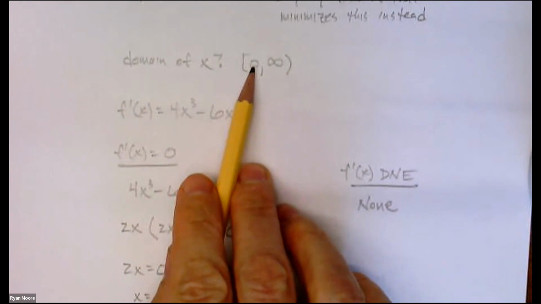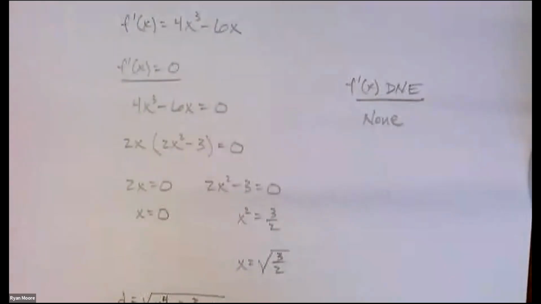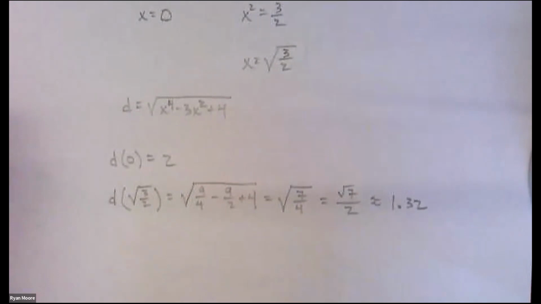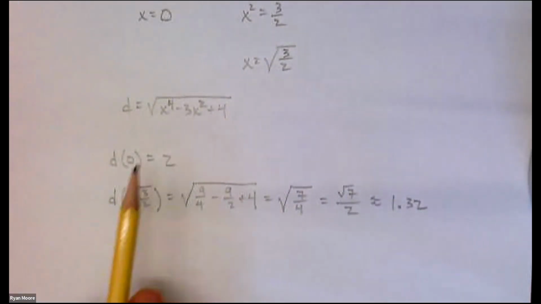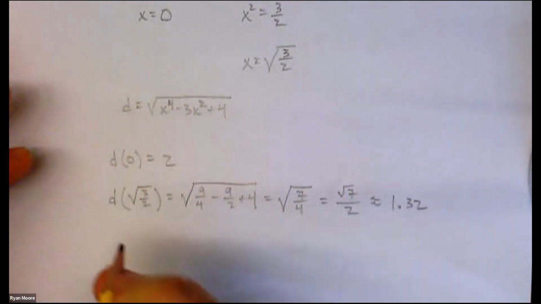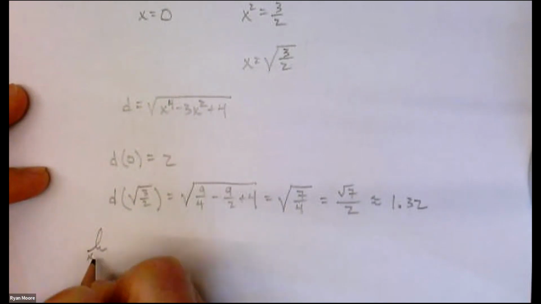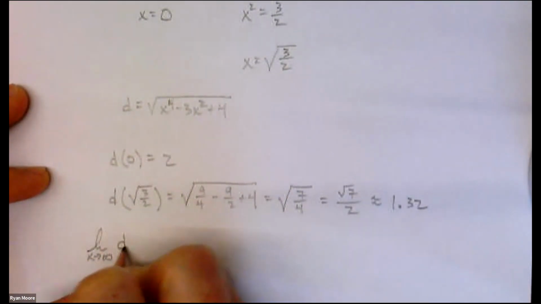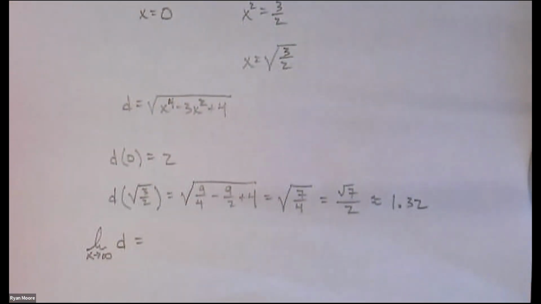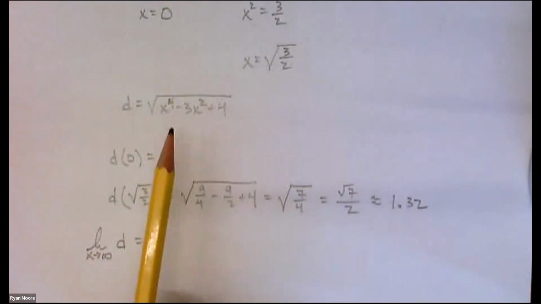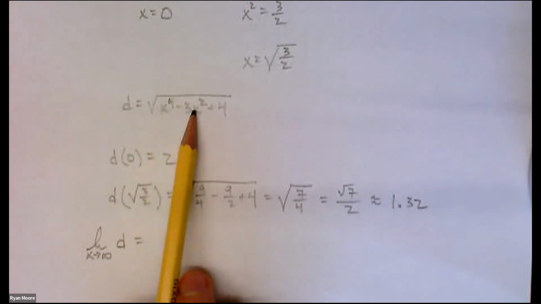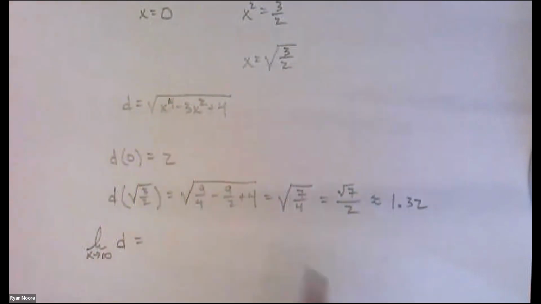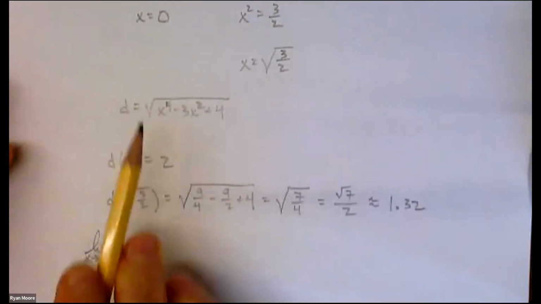We tested the 0. How about the infinity? Technically, you can't plug infinity in, but what we could do is take the limit as x approaches infinity for D. Plugging in infinity, the x to the 4th would take over and we get infinity.